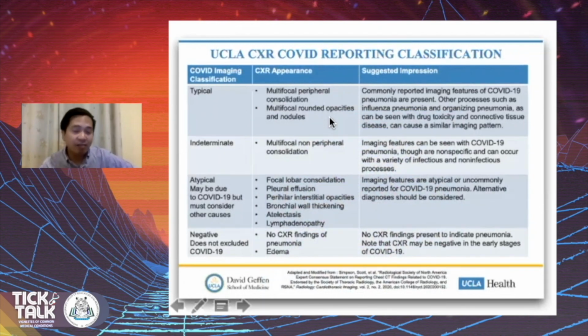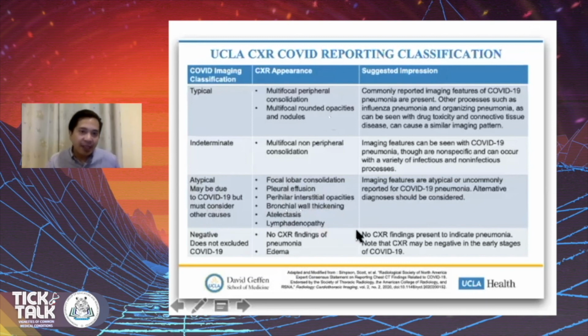Most likely almost all of us have seen such films. Okay, and just to point this out, some atypical findings may be due to COVID, but we must consider other causes as well. If we have focal lobar consolidation, not bilateral, pleural effusion, peripheral interstitial opacities, bronchial wall thickening, atelectasis, and lymphadenopathies, we should be thinking of other diagnoses as well.